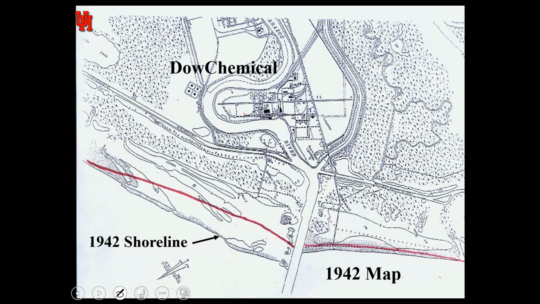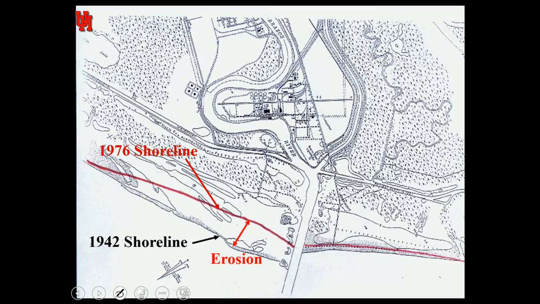But if you look at a 1942 map, here's the area of beach in 1942, and see that red line there? Well, that's the 1976 shoreline. So there's been this much erosion from 42 to 76. So why would that be?